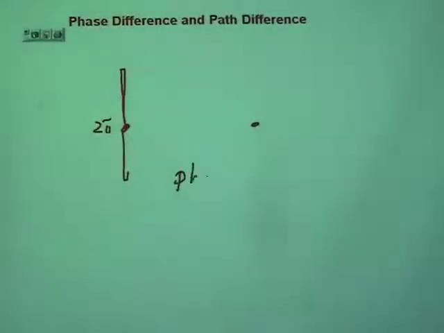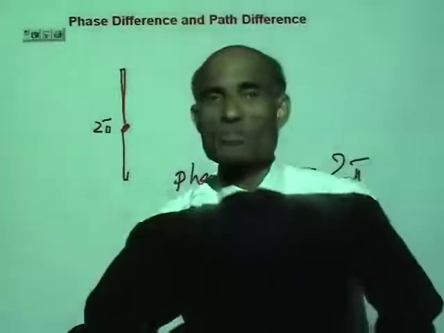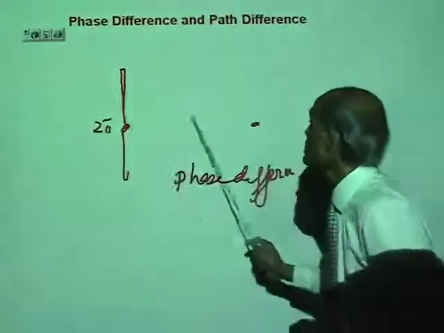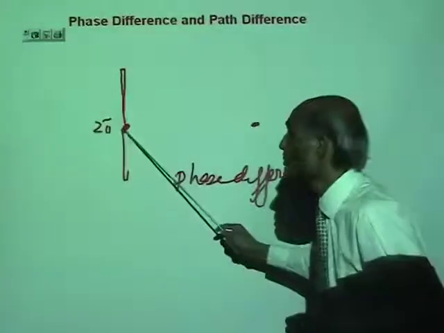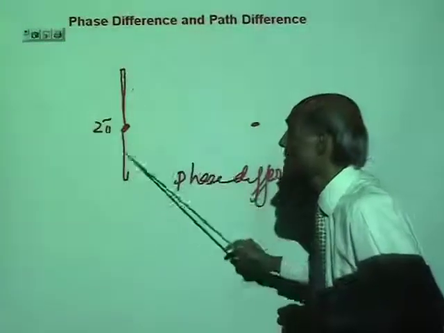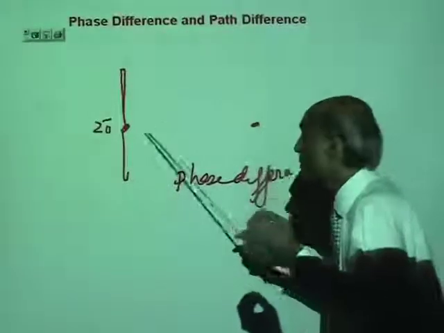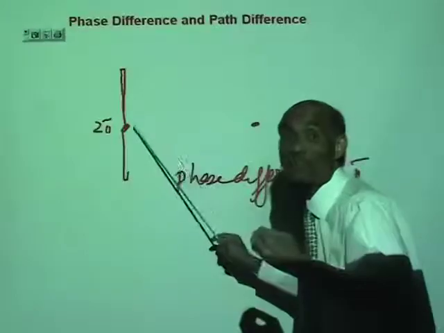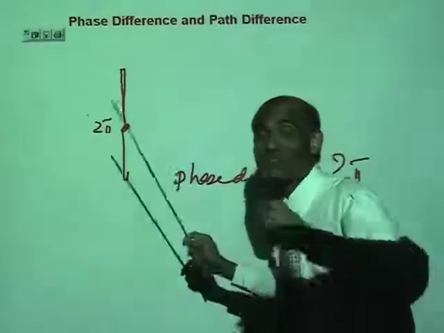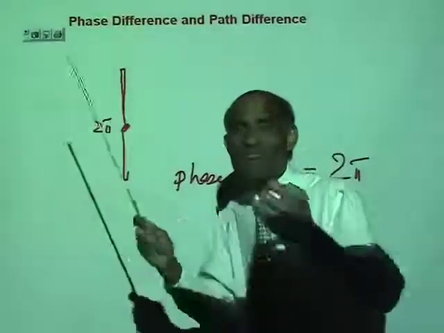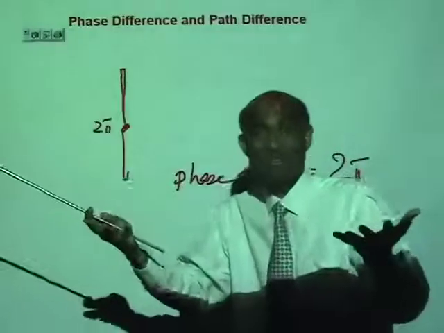Therefore, we say the phase difference between the two particles is 2 pi. This has completed one vibration when this just begins. That means they are in the same phase of vibration. A phase difference of 2 pi actually means in the same phase.